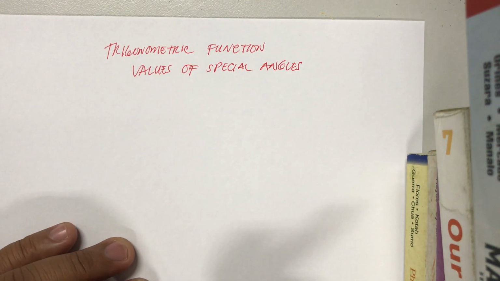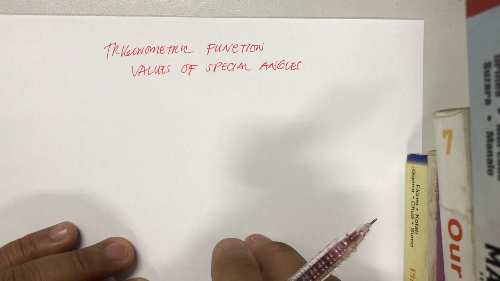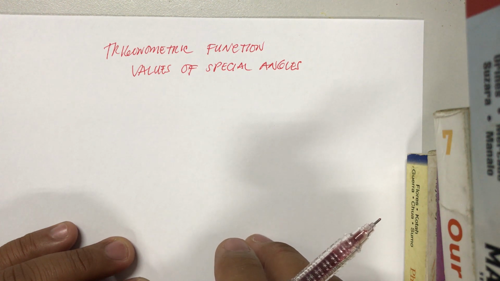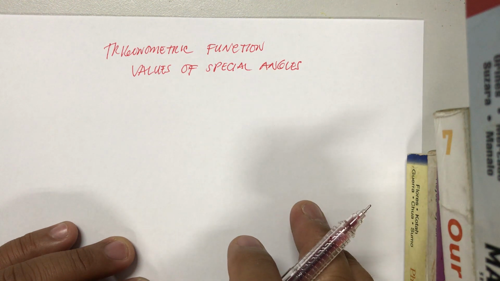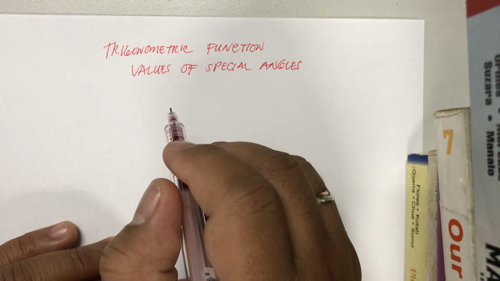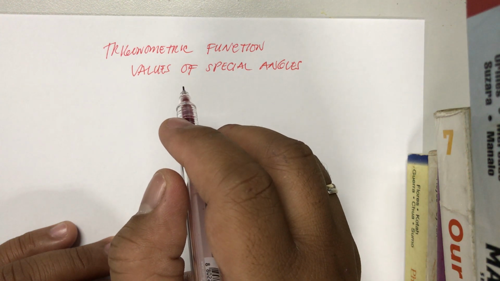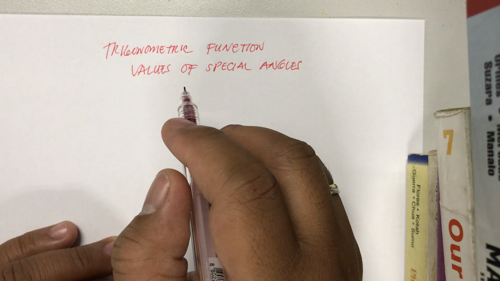This is the third video on the lesson Trigonometric function values of acute angles. To be more specific, this subtopic is the trigonometric function values of special angles. If you would recall, we have special angles in geometry, namely 30 degrees, 60 degrees, and 45 degrees.